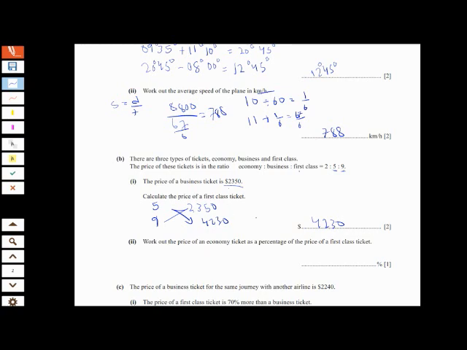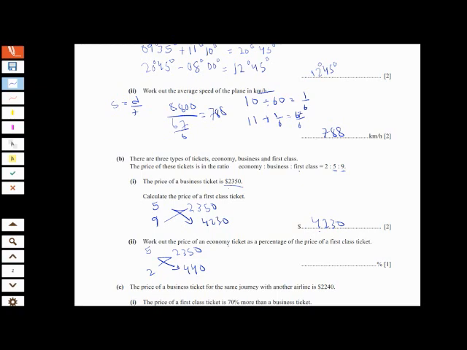Work out the price of an economy ticket as a percentage of the first class ticket. The first class ticket we already know is 4,230, but the economy ticket we don't know yet. So let's find it the same way we found the first class. Again, 5 is 2,350. The economy ticket is 2. You cross multiply, you get 940. Now we know the economy ticket price and the first class ticket price.